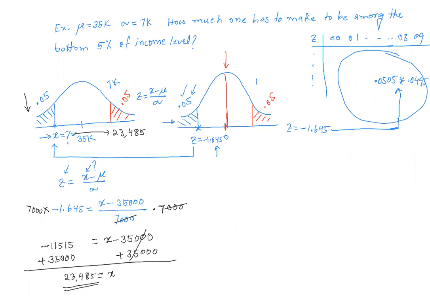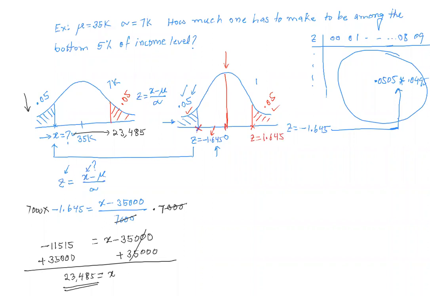So the left half is a mirror image of the right half. If this left is 0.05, this right is 0.05, and if this point is negative 1.645, then this point is going to be z equal to positive 1.645.